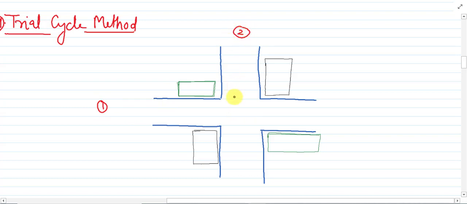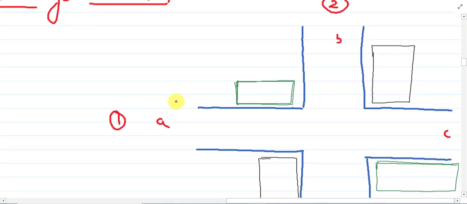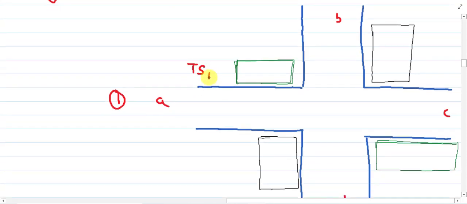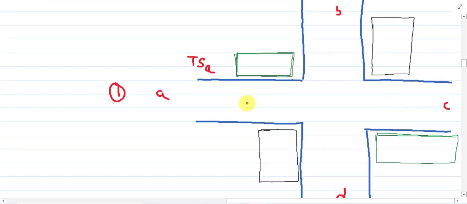Okay, and we can say that these are the four legs of the intersection. This is A, B, C and D. Now I have provided four different signals like this. This is the traffic signal for leg A. Whenever a vehicle is moving in this direction, it will look at this TSA.